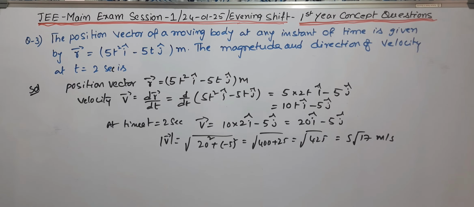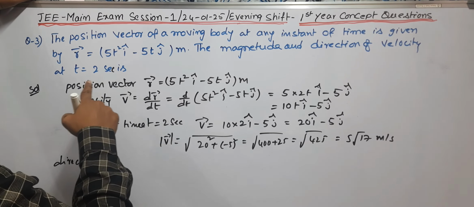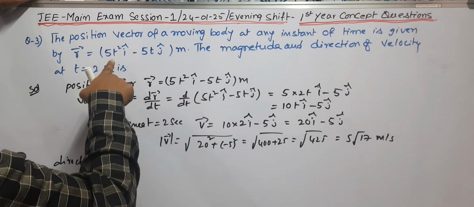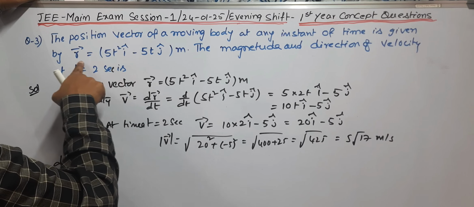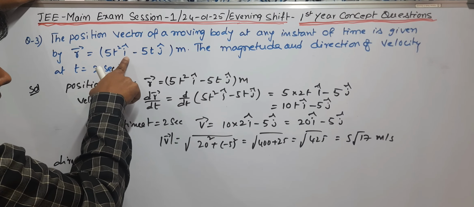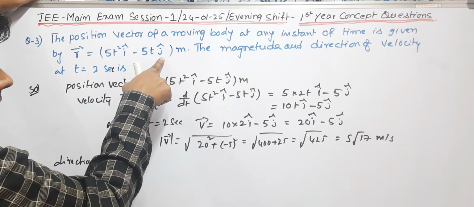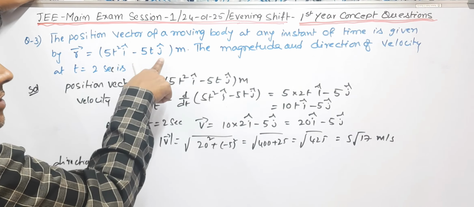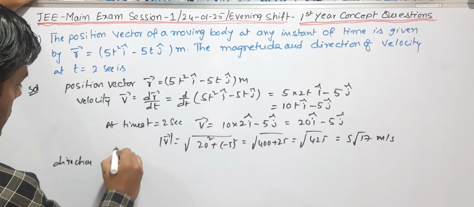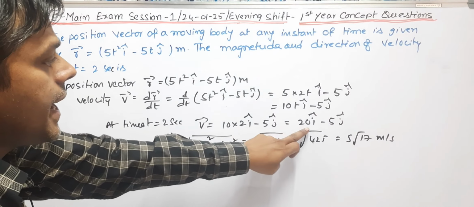What about the direction? When you draw this body's position, this particle is moving in the xy plane. Why? Because in the position vector there is a component of i cap, meaning i cap is the unit vector along the x axis, and j cap is the unit vector along the y axis. So, the body is moving in a plane. So, when you draw a plane, what is the i component?